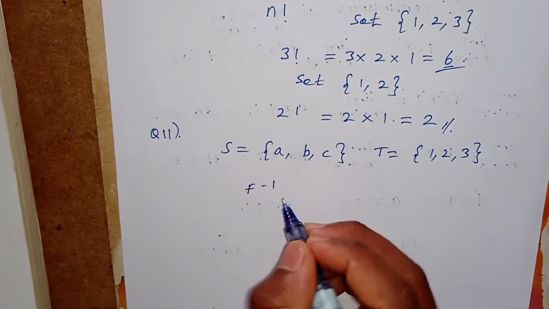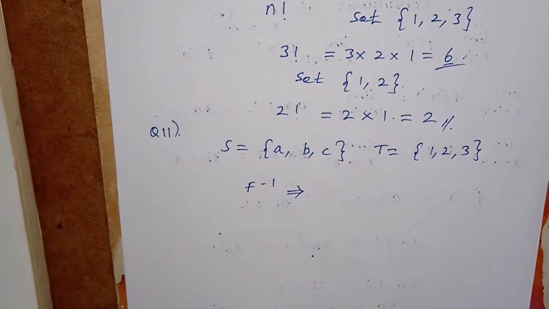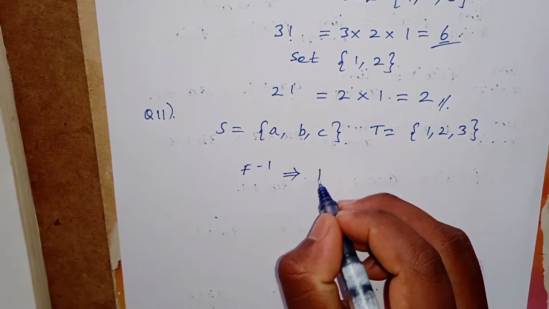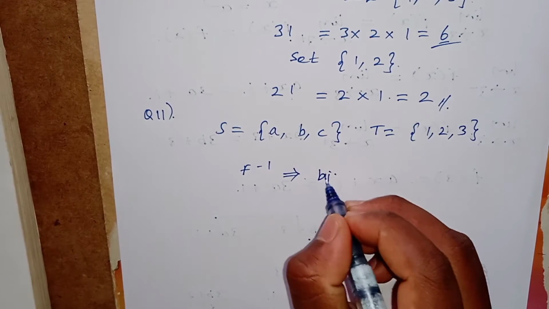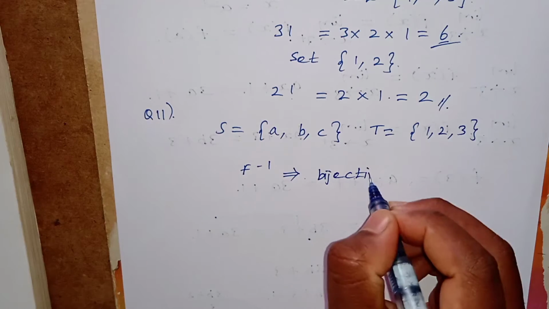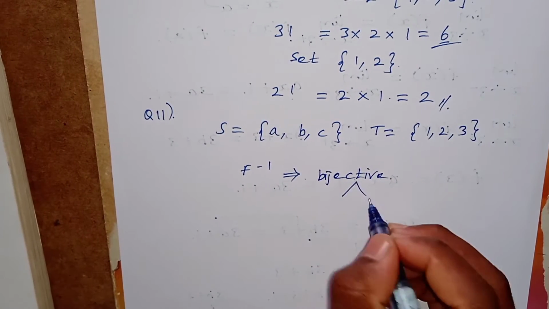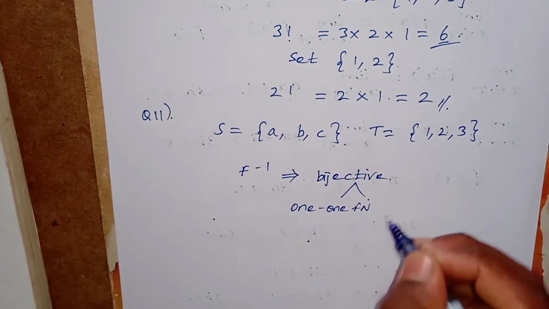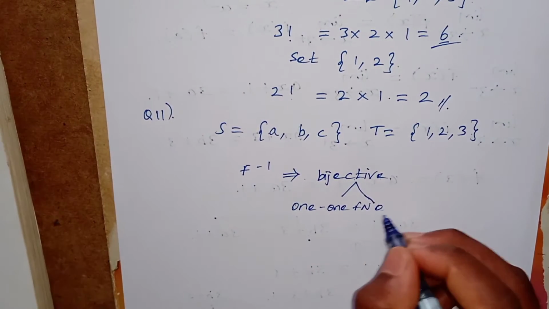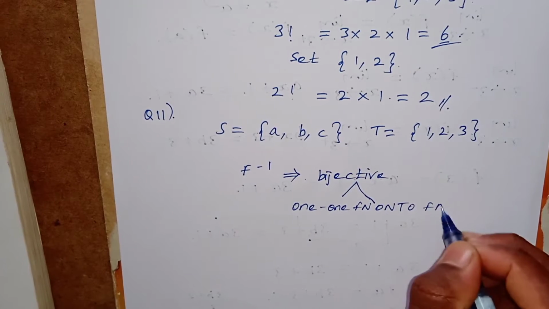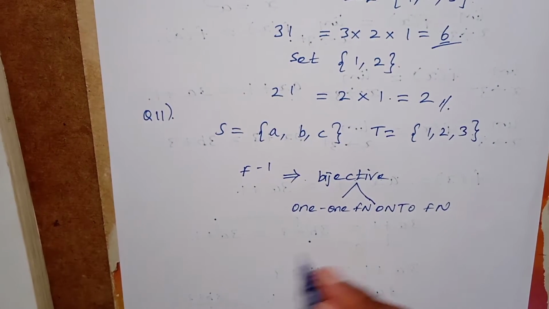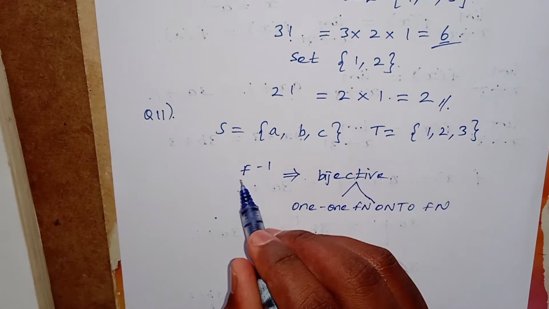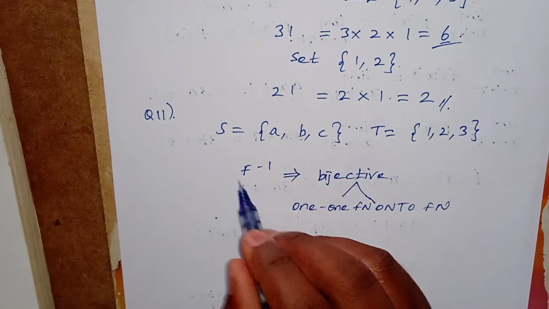For inverse, you have to satisfy two conditions. Simply, you have to satisfy a bijective function. Bijective means you have to satisfy one-one function and onto function. If you satisfy both one-one and onto, it is bijective. If it is bijective, then it is possible to find the inverse.